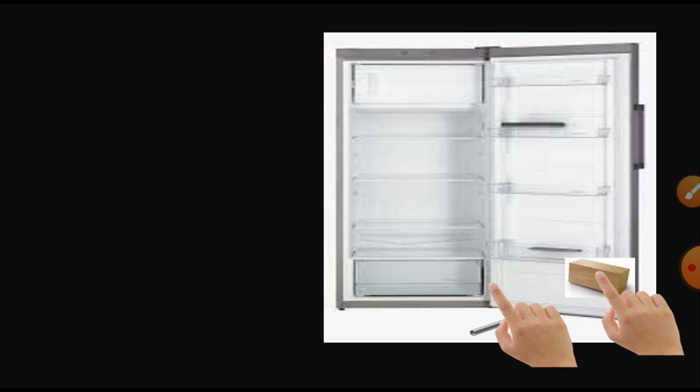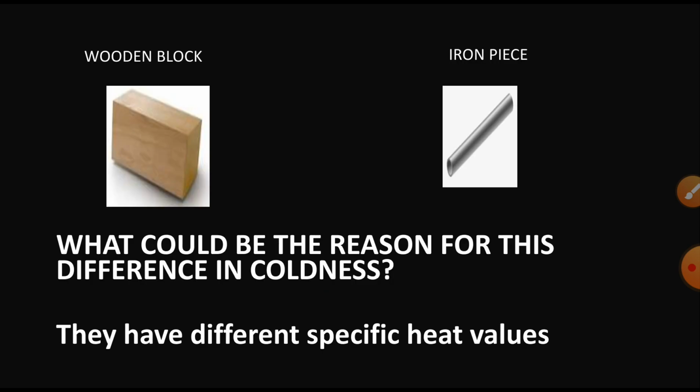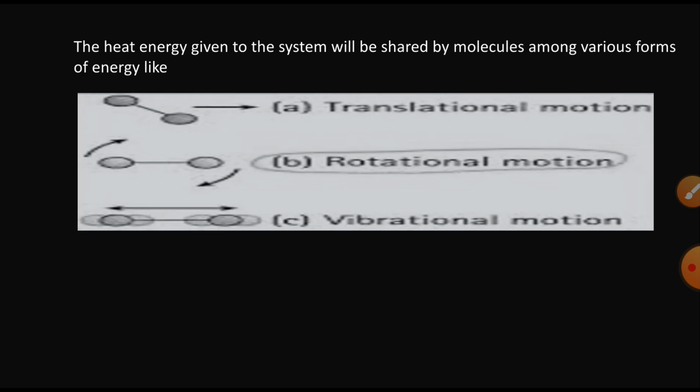We can feel the iron rod is colder when compared to the wooden block. Why is this happening? What could be the reason for this difference in coldness? Because they have different specific heat values. Now we shall see why specific heat is different for different substances.